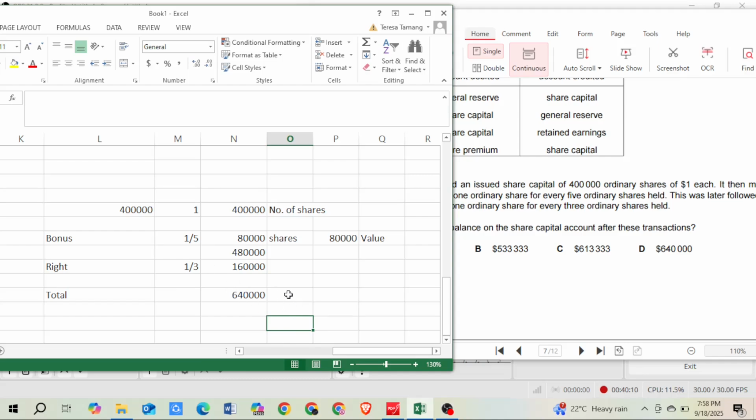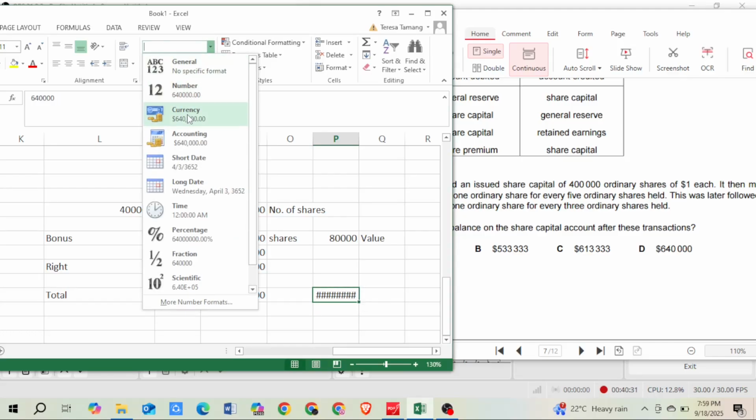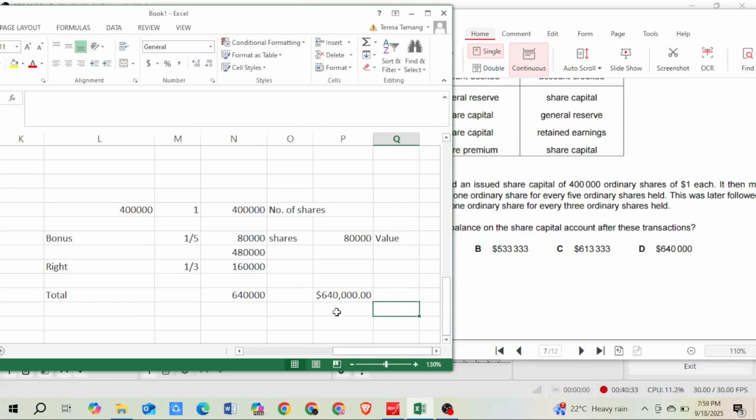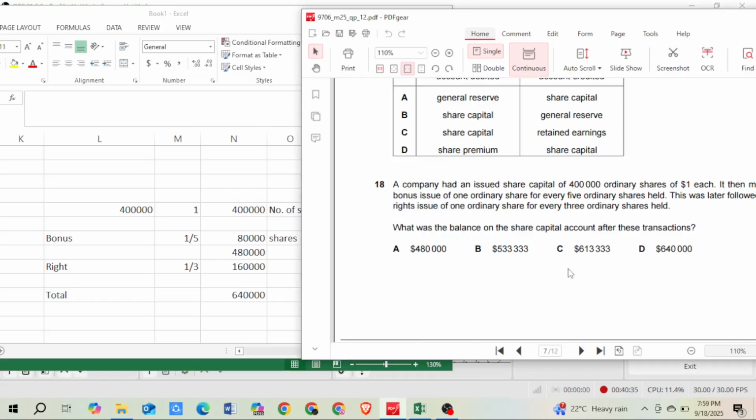To find the value, we simply multiply that by the price of $1. So 640,000 into $1 still gives 640,000. So the total value is $640,000. That is your right answer, 640,000, which is D.